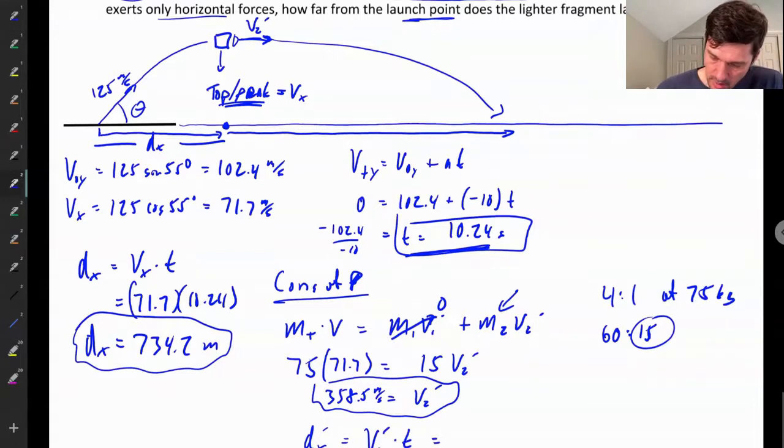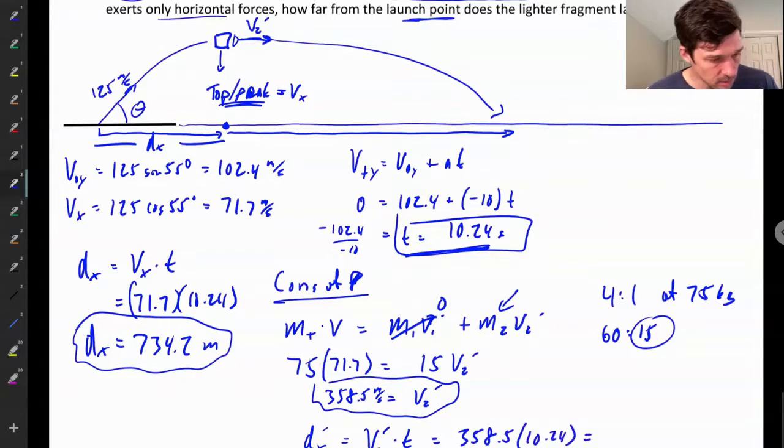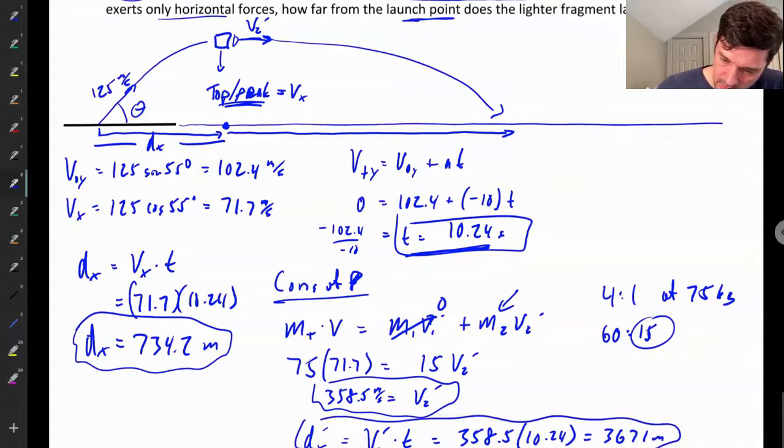So that's going to be 358.5 times 10.24 seconds. That's going to be 3,671 meters. And that is dx prime just from there.